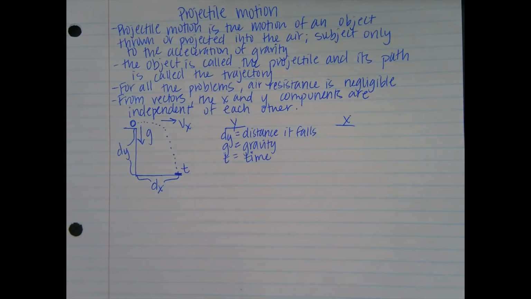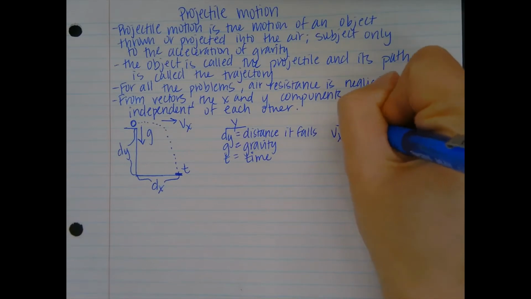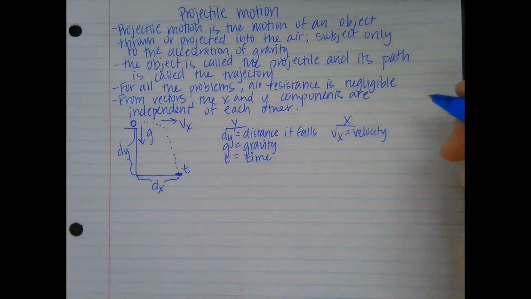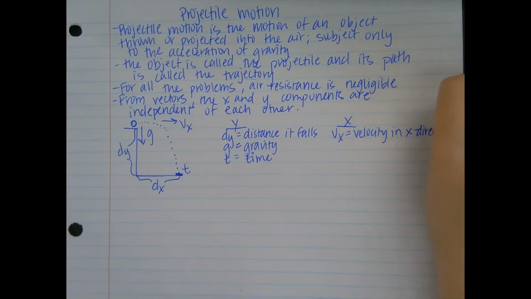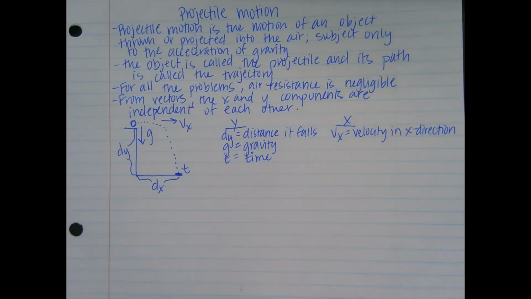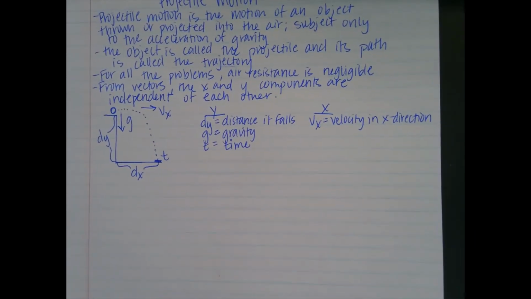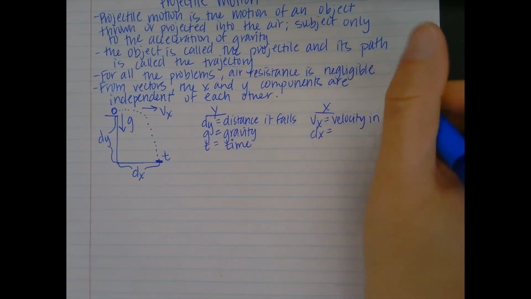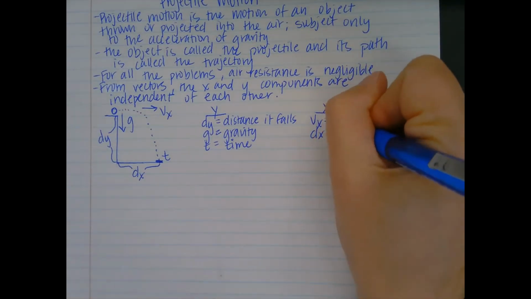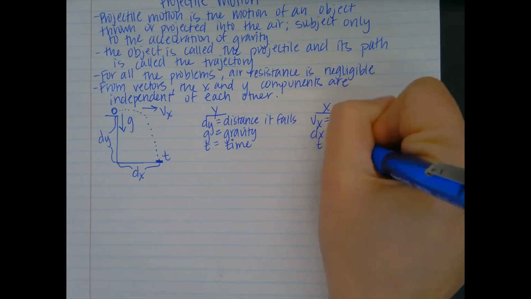Well, in the x direction, we have the velocity in the x direction. We have our dx, which is our distance in the x direction, or a range. And then again, t, the time that it takes to get there.